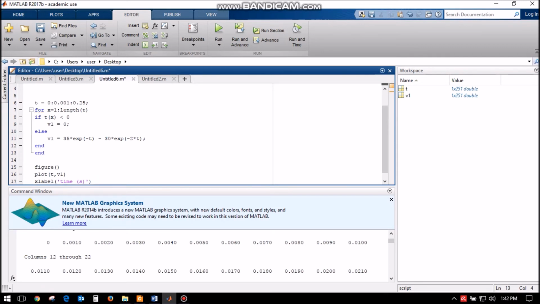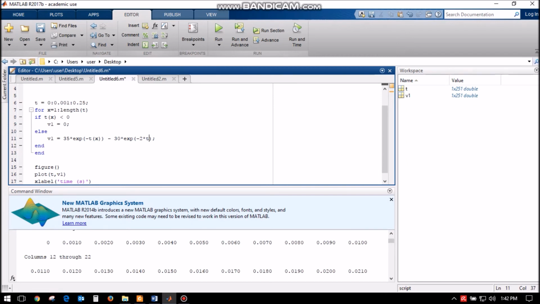This n refers to the for, this n refers to the if-else. So for the first t, if it's less than 0, v1 is 0, else it is this equation. We have to let MATLAB know which t it refers to.